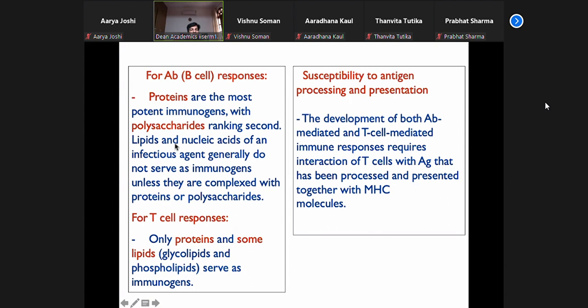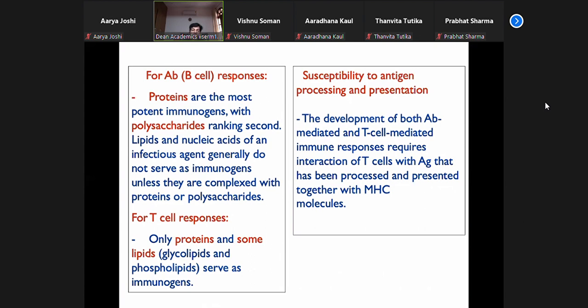Now, if you compare the different biomolecules in terms of their ability to induce immune response, proteins are the most potent immunogens. After that you have polysaccharides, then lipids, and then nucleic acids.